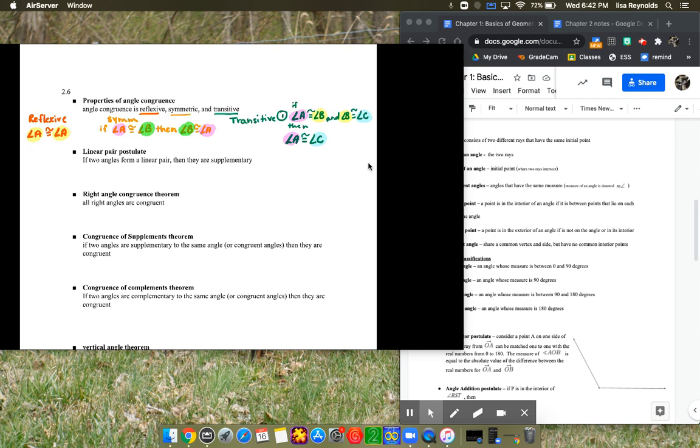Our next one is a postulate that we actually talked about in Chapter 1. So when we got our definition of a linear pair, we talked about this postulate then.